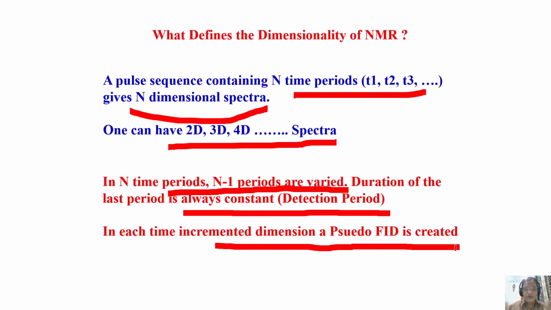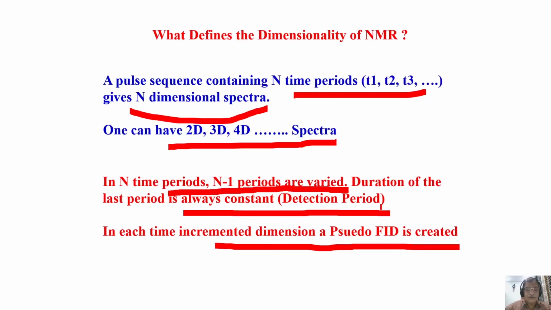So we created a pseudo FID in the time domain, and in the T2 domain, the detection period, we have a regular FID. Same way, if you have n time periods, you have n-dimensional spectra, and n minus 1 pseudo FIDs are created, and the last one is the real FID we collect in the detection period.